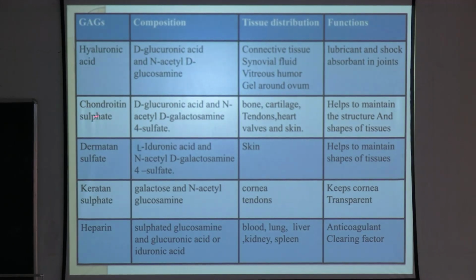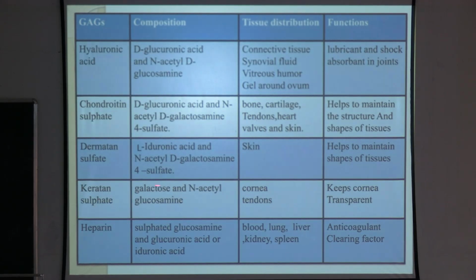Where are they found? Chondroitin sulfate is mainly found in bone, tendon, cartilage, heart valves and skin, whereas dermatan sulfate is found in skin, derma. What are their functions? They help to maintain the structure and shape of tissues. Clear? Next comes keratan sulfate.